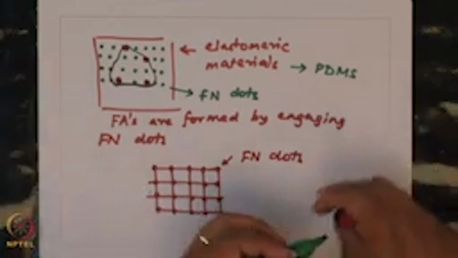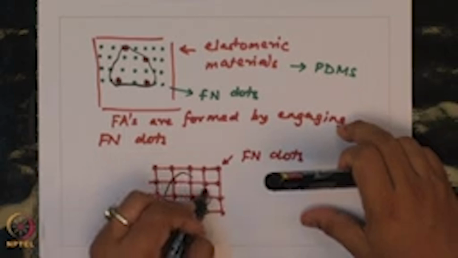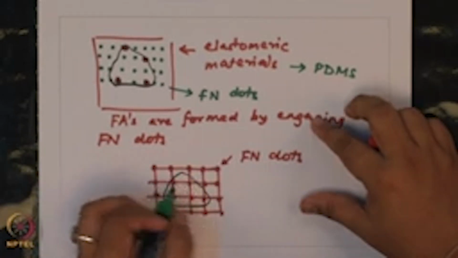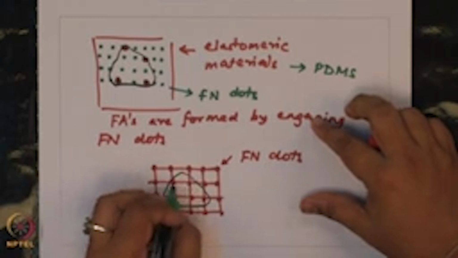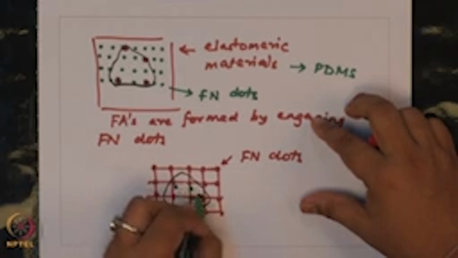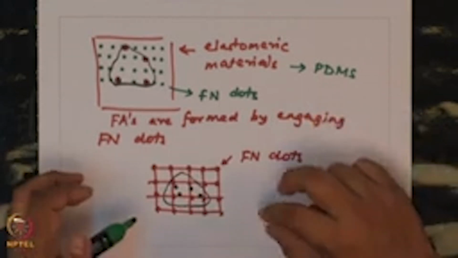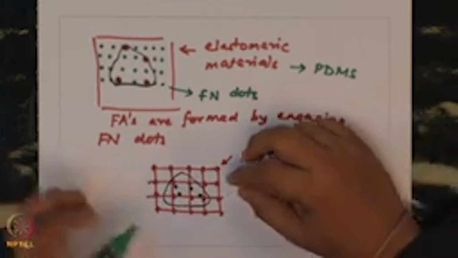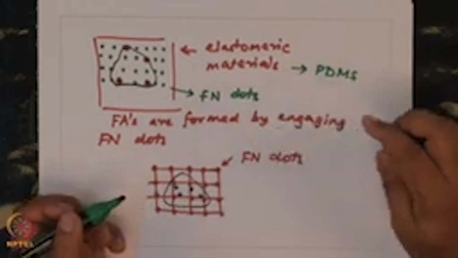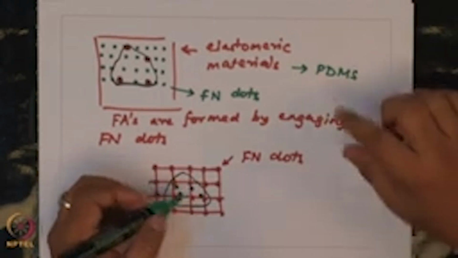Now, let me draw the outline of a cell. Under some condition, with the green dots I have shown the deformed position of some of these red dots. The way I have drawn it is intentional.